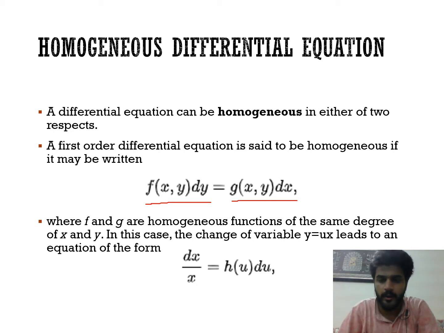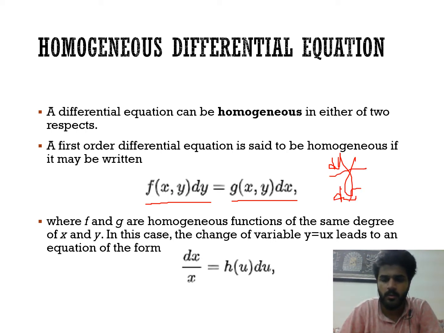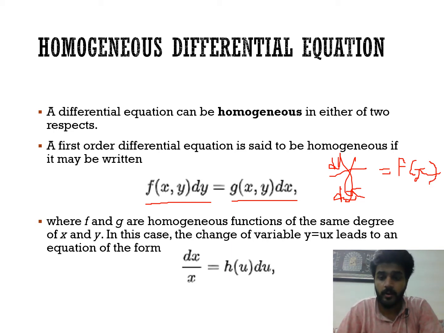Or we can simply write this equation in the form dy by dx equals the given function f of x, because it will fulfill the main condition of a homogeneous function, where we can see that f and g are both homogeneous functions of the same degree in x and y.